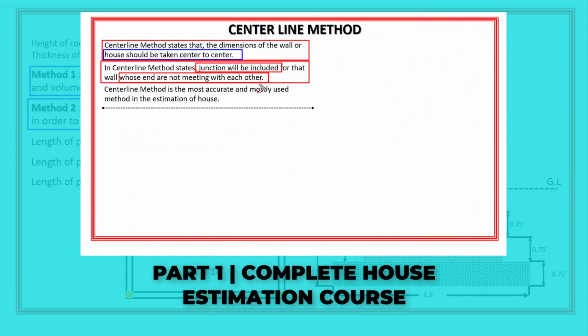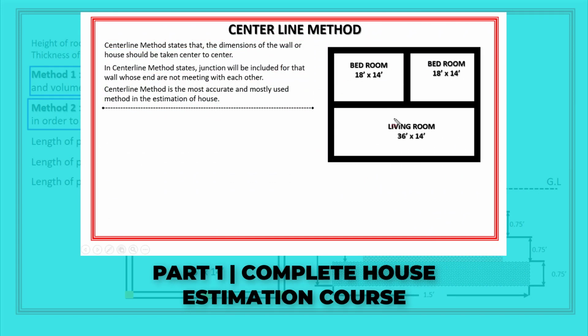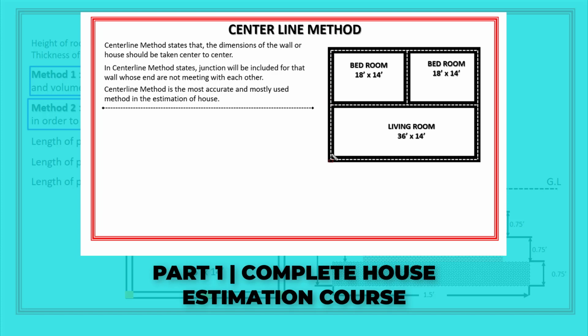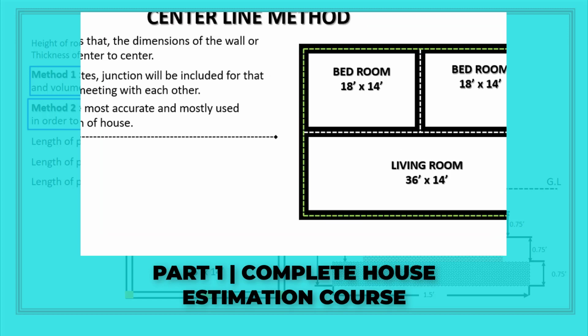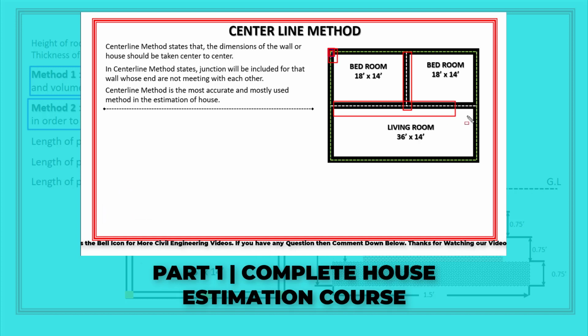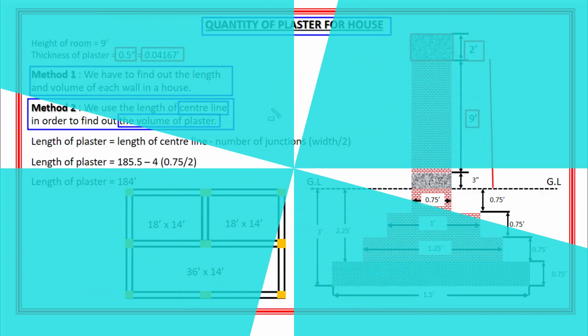Now if you remember, in the first part of the complete house estimation course, I have briefly discussed the center line method which I am using in this course, and also I have found out the total number of junctions and the length of the center line as well. And if I am not wrong, the length of the center line was 185.5 feet, right? So kindly watch the first part of the complete house estimation course on my YouTube channel. Also you will find the video in the I button as well.